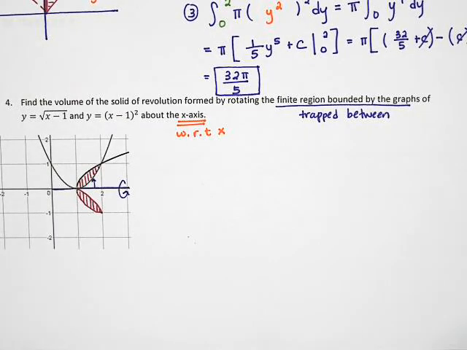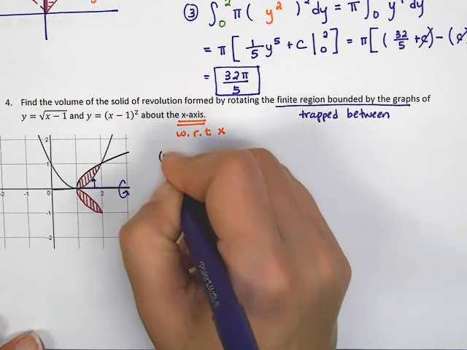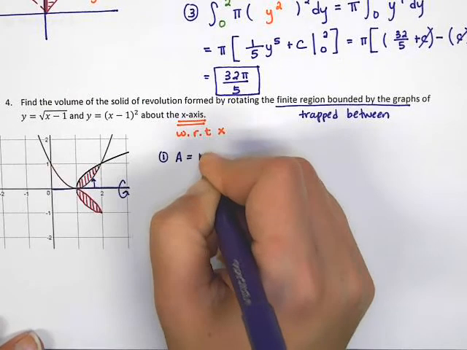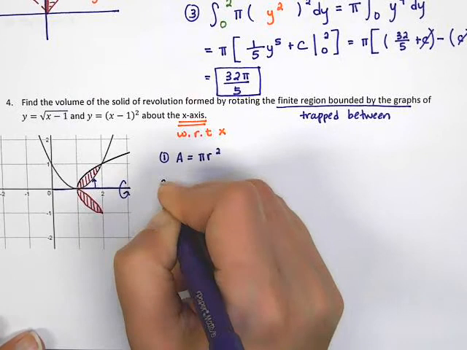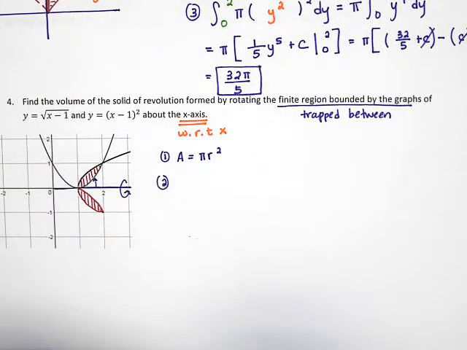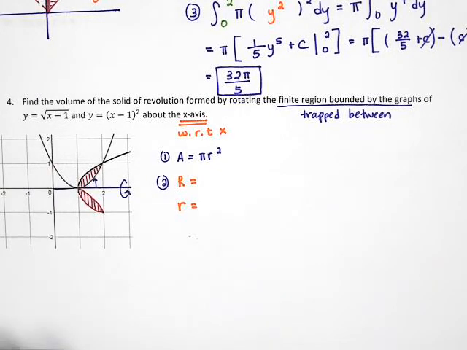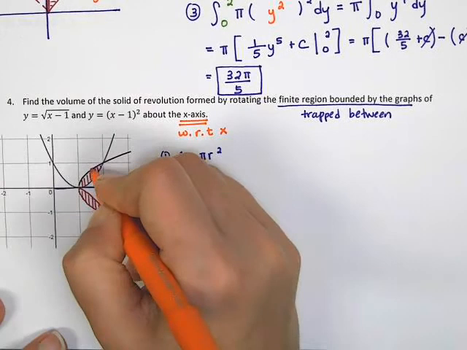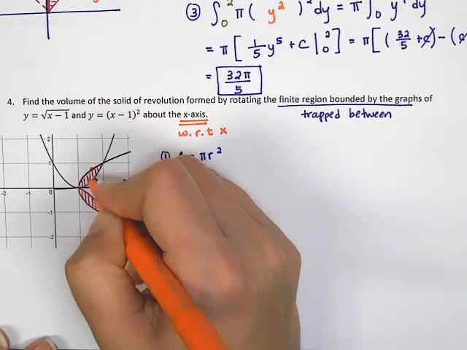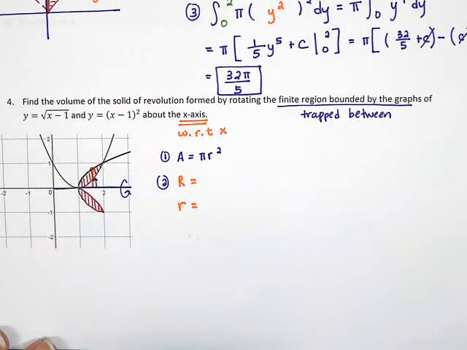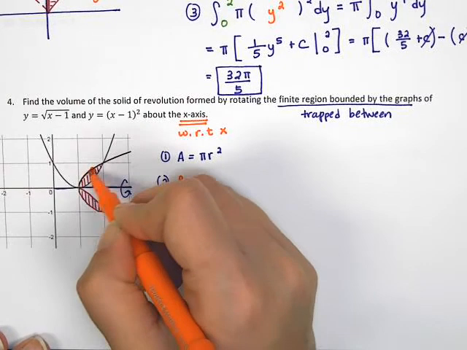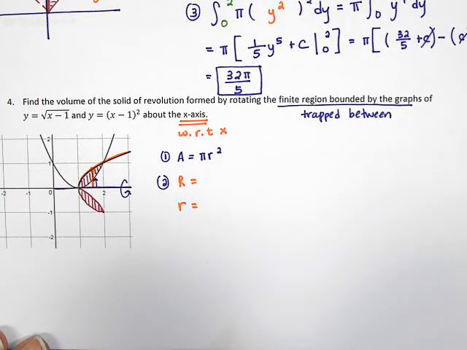Now, first, our area formula is still pi r squared. But this time, instead of just needing a little r, we're going to need a big R and a little r so that we can subtract the inner edge. Now, big R is going to be the distance between the outer edge and the axis. So if I do top minus bottom, this graph right here is the square root graph.